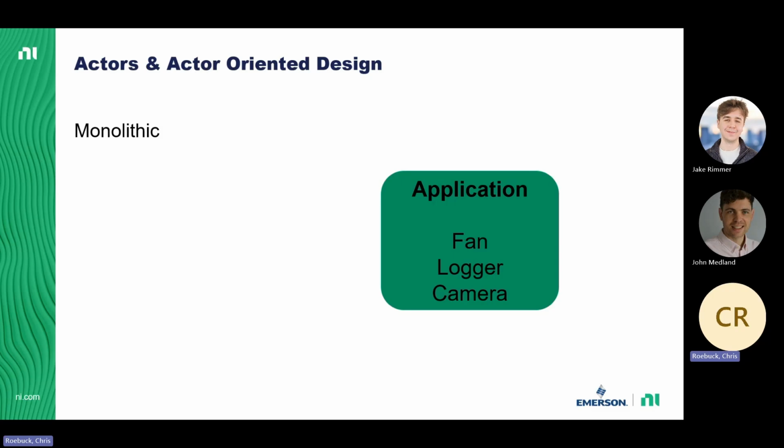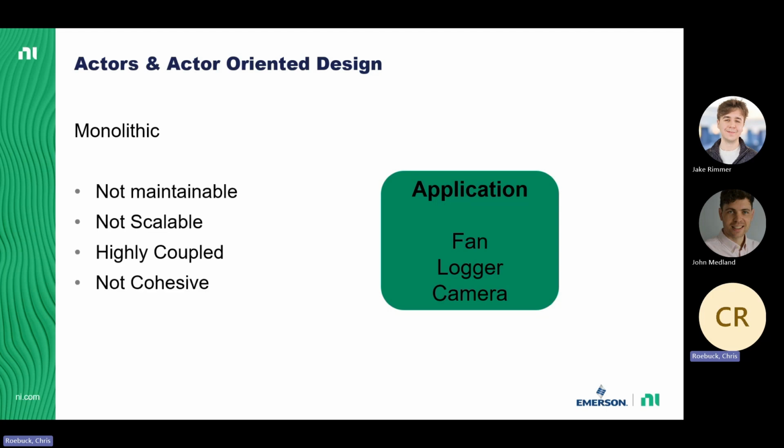It probably controls the fan, it probably logs some data, and maybe it also captures some images as well. But we don't want an application that is monolithic in nature, in that there are no identifiable components within it, so everything is jumbled together into this one, as I often refer to it, the VI.